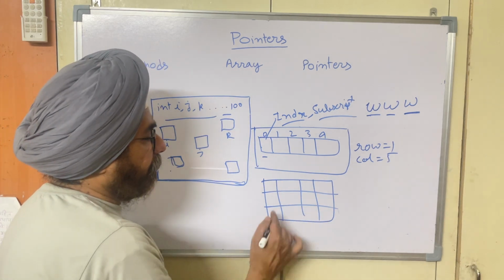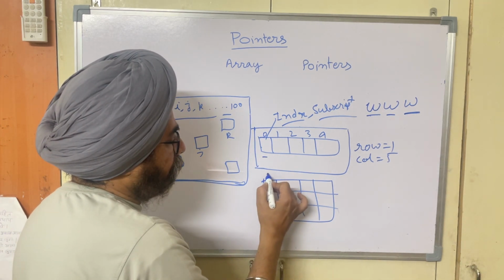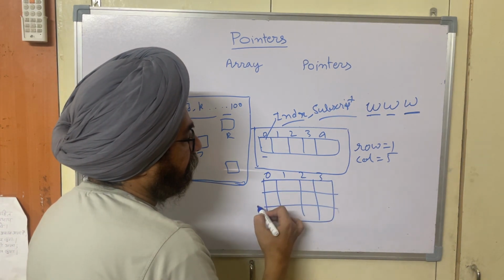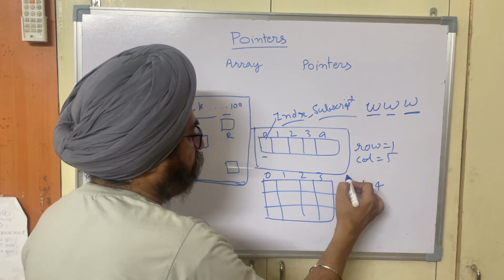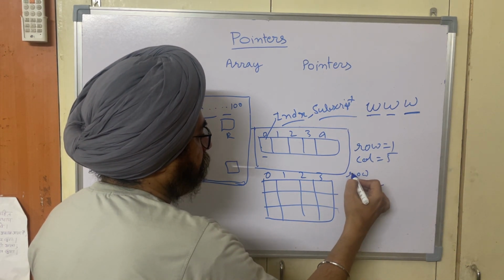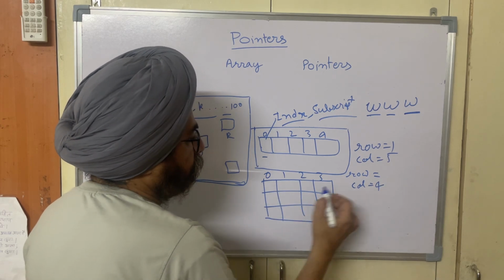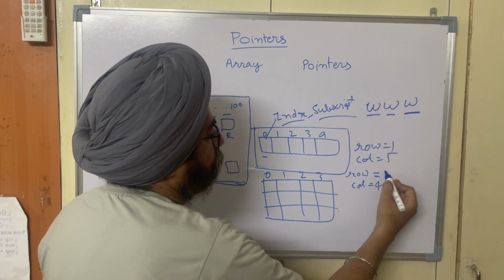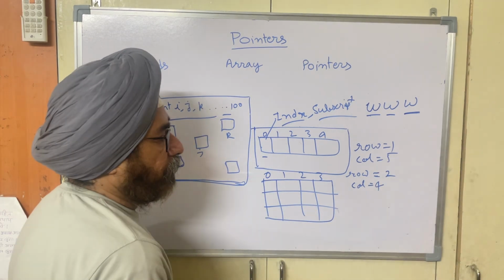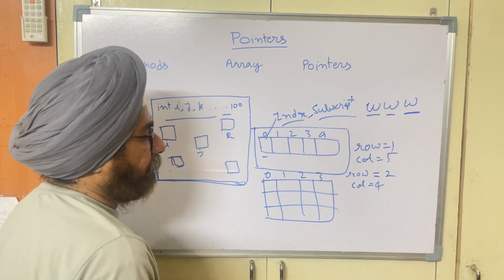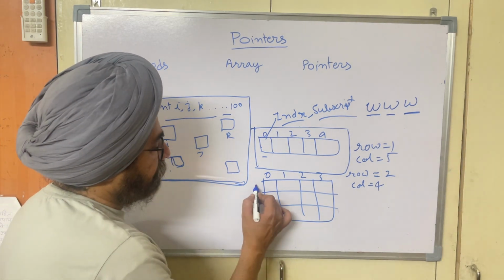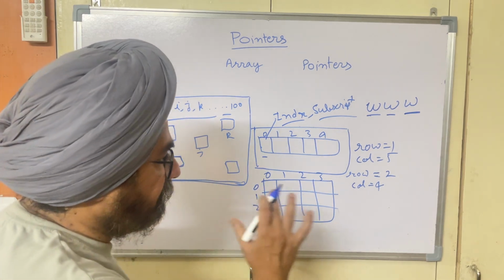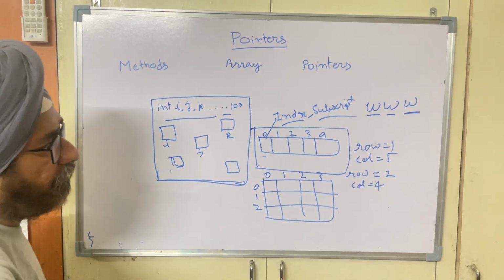In the same way, for multiple values, here you have 0, 1, 2, 3, 4 columns, and rows 0, 1, 2. In such a way we can make the program. So this is the matrix form of the array.